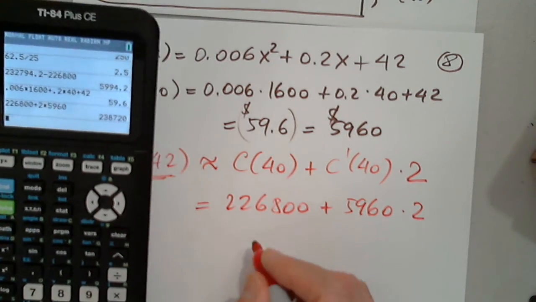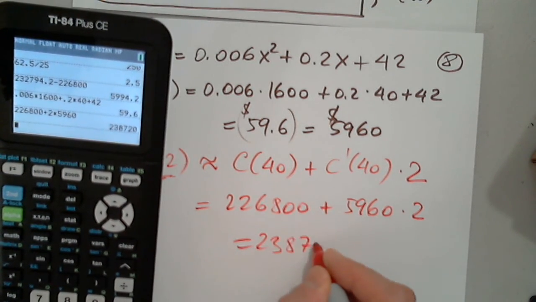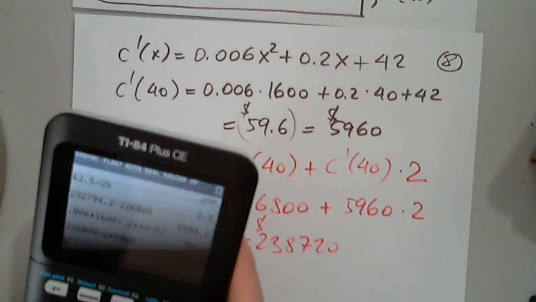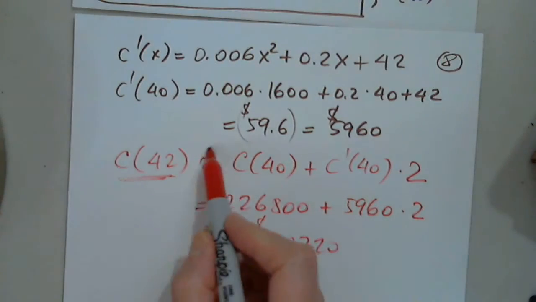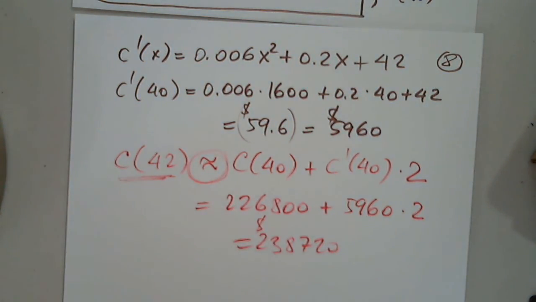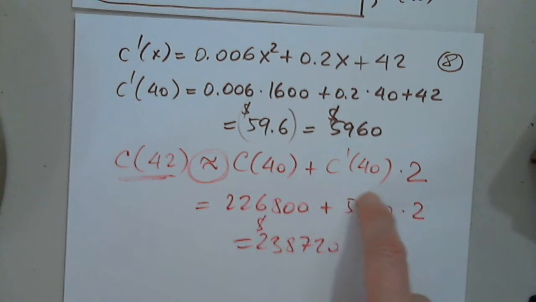That's it. So 238720. Is this exact? No. It's estimated. Using the differential of the function dy, we did not calculate the exact. We calculated the estimate. This is how we apply the formula.